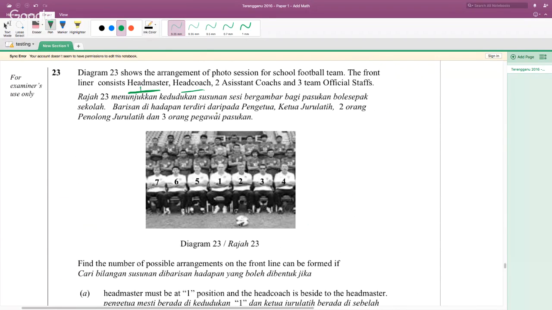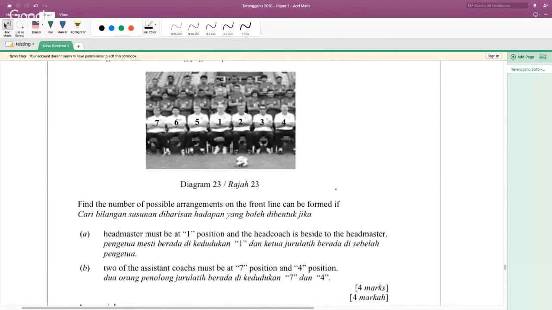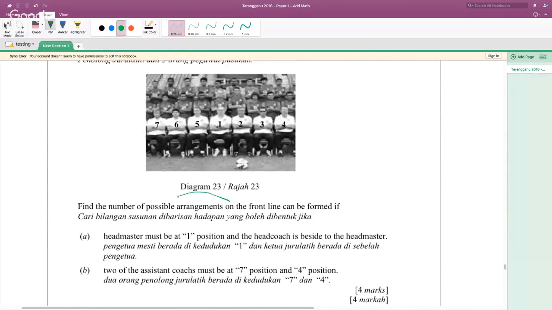When I say it like this, it means one headmaster and one head coach. Okay, and 2 assistant coaches and 3 team officer staff. So the total will be 1, 1, 2, 3, which is 7 people. All right, so find the number of possible arrangements.